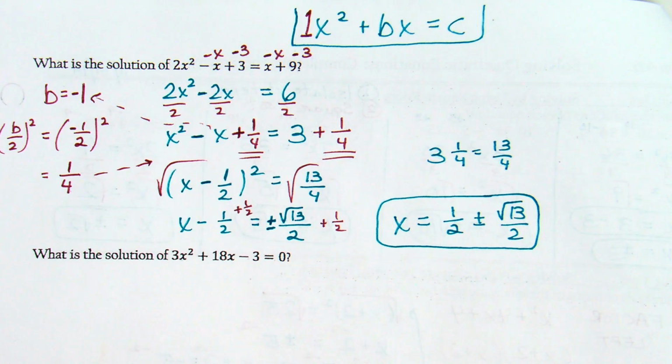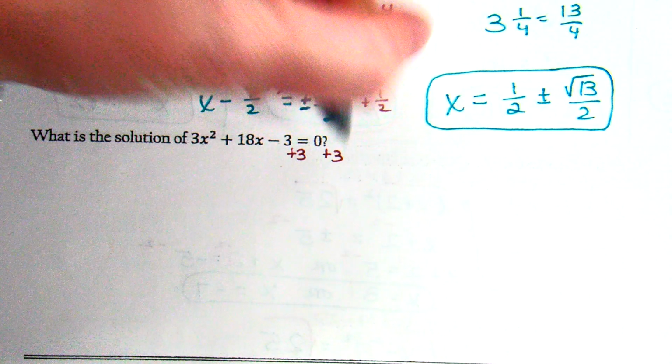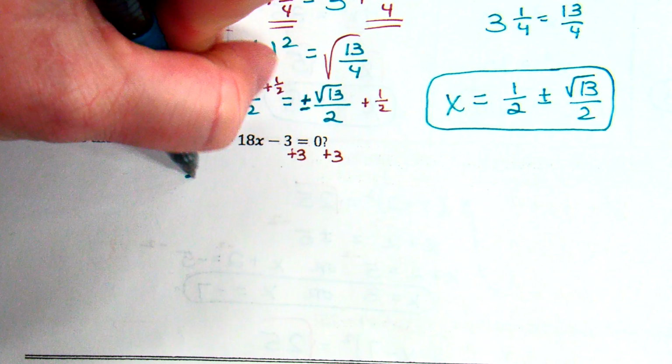Okay, so first of all, that minus 3 has to move. So we're going to add 3. Add 3. So at that point, I now have 3x squared plus 18x. I'm going to leave a blank. And then 0 plus 3 on the right is 3.